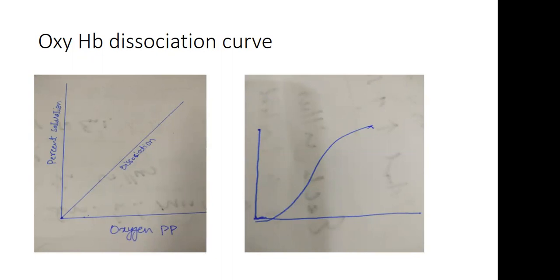Now the first part, the topmost part, if you look at this diagram, the right one, self-made, at 100 partial pressure, the saturation of hemoglobin is also 100.